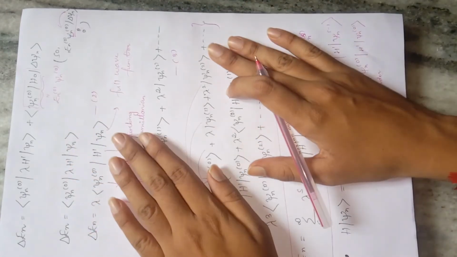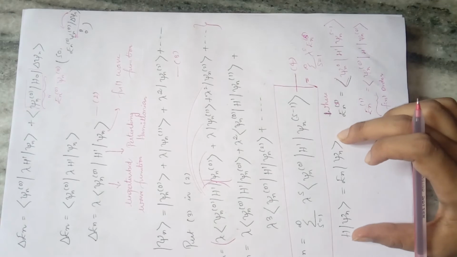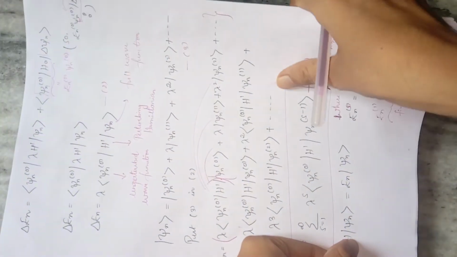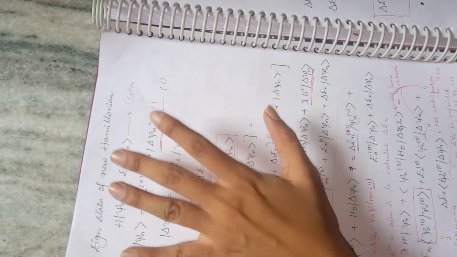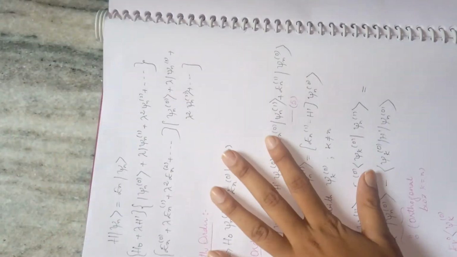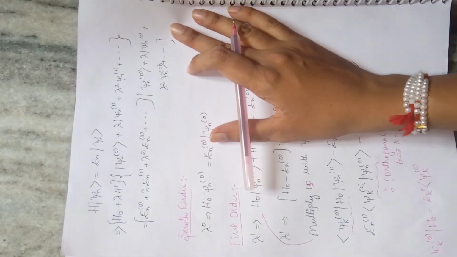Now we will try to understand the wave function calculation. This was the general term which we got after application of the Hamiltonian. I hope you remember this very first equation. From this we will now solve for the wave function in this perturbation theory after application of the new Hamiltonian.